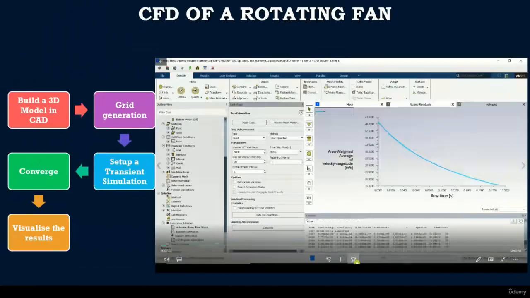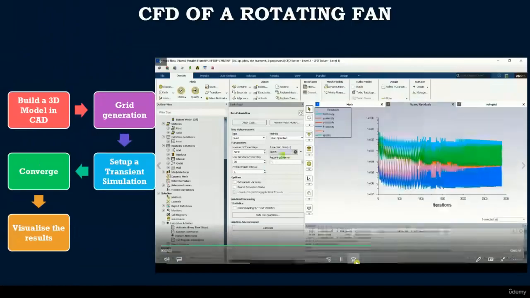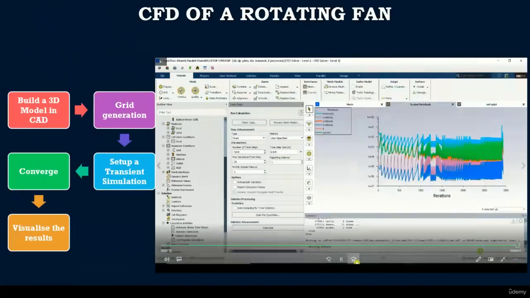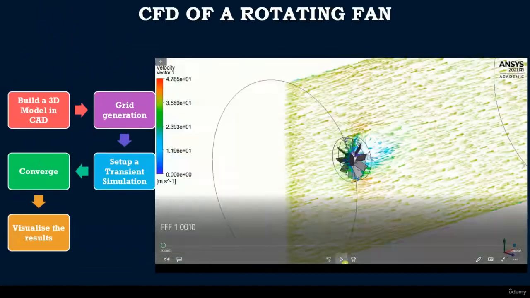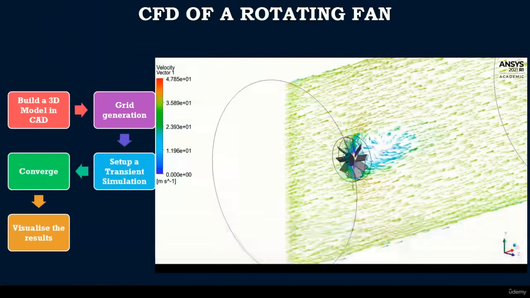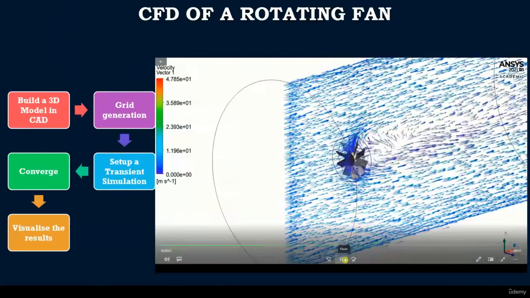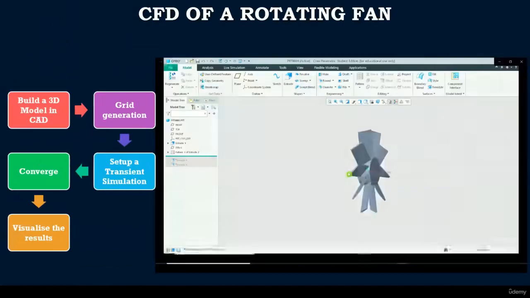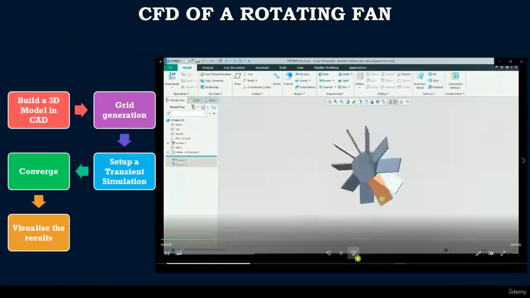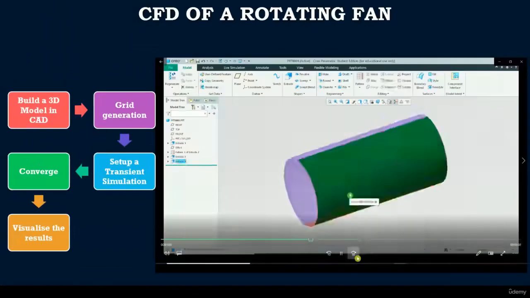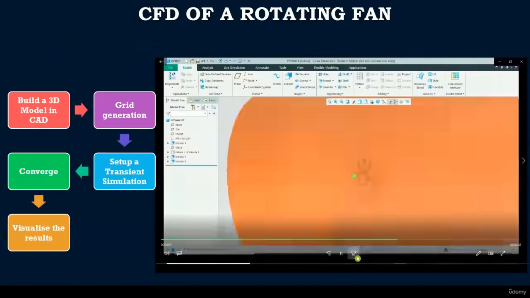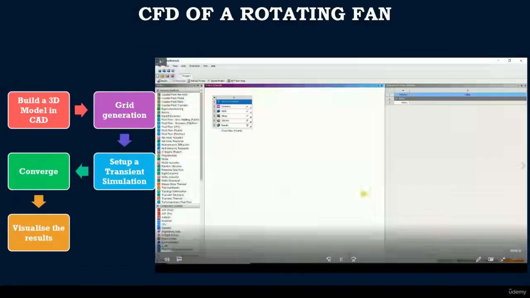We will learn the procedure for creating the domains when we have rotating entities involved in the project. We will be setting up a transient simulation for this project. We will be ensuring that we have achieved proper convergence, and finally we will be visualizing our results in the CFD post module of ANSYS Workbench.